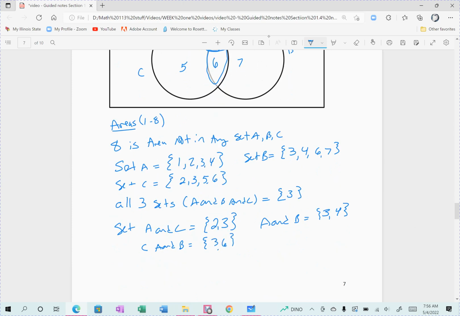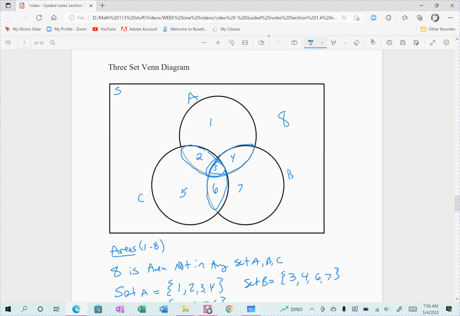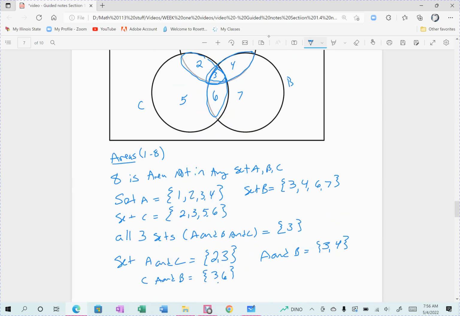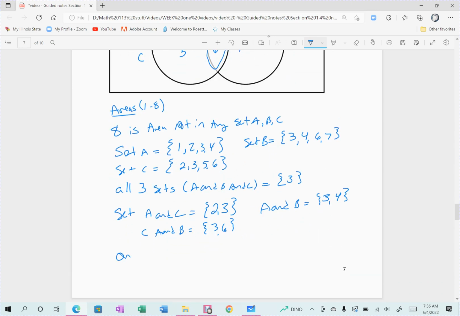And then you have the onlys. If I'm only in set A, that would be region 1, right? Region 1 would be only in set A. I'm only in B, and then I'll do the only in C. Onlys are nice.